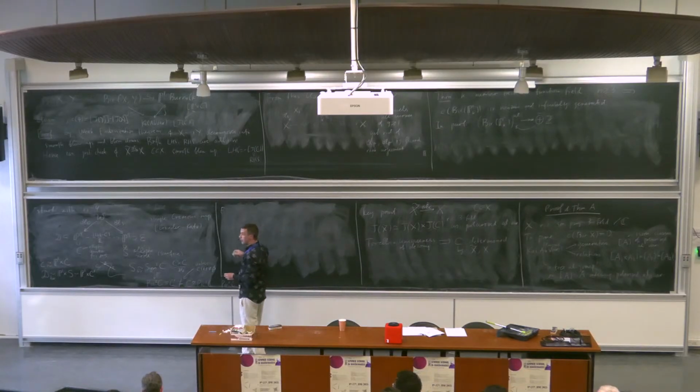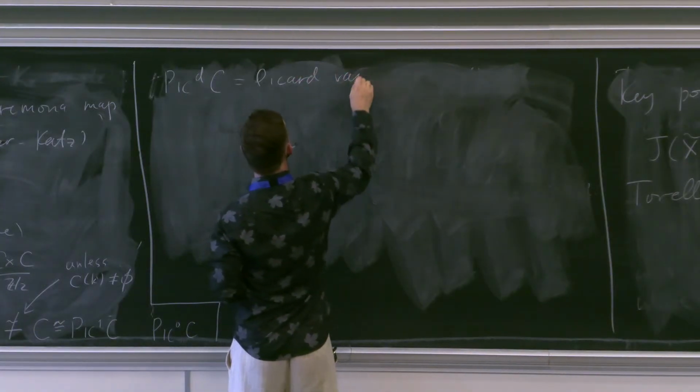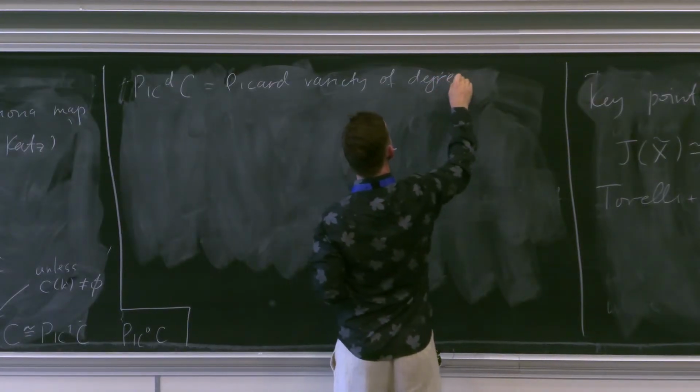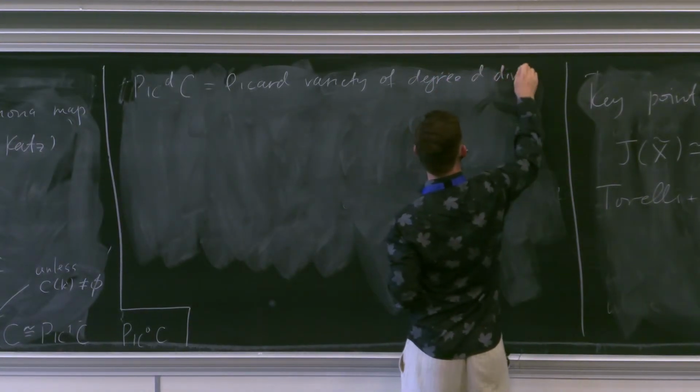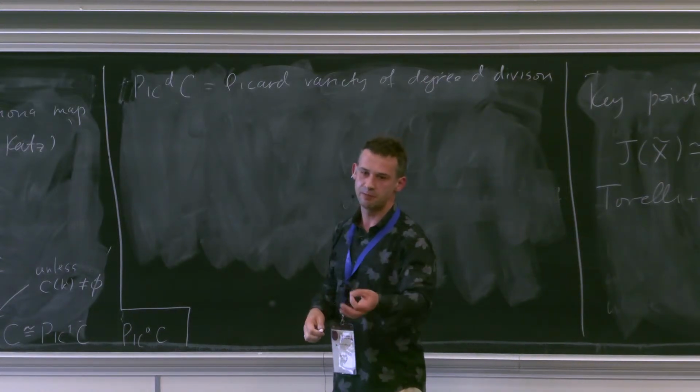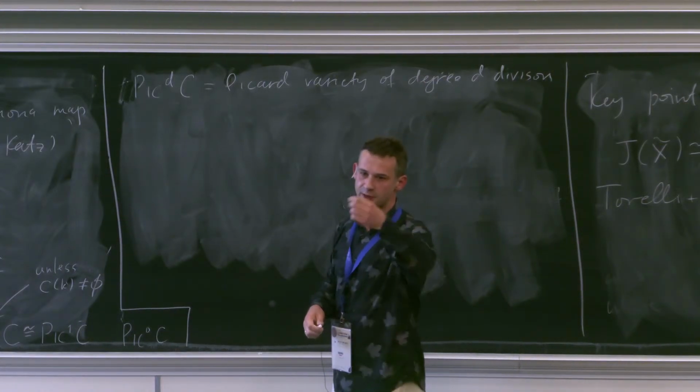Pic^2. Yeah, so if you think about Pic^D of C, this is the Picard variety of degree D divisors. Usually, over an algebraically closed field, we don't make this distinction. You can say 0 or 1, you can just add or remove a point.